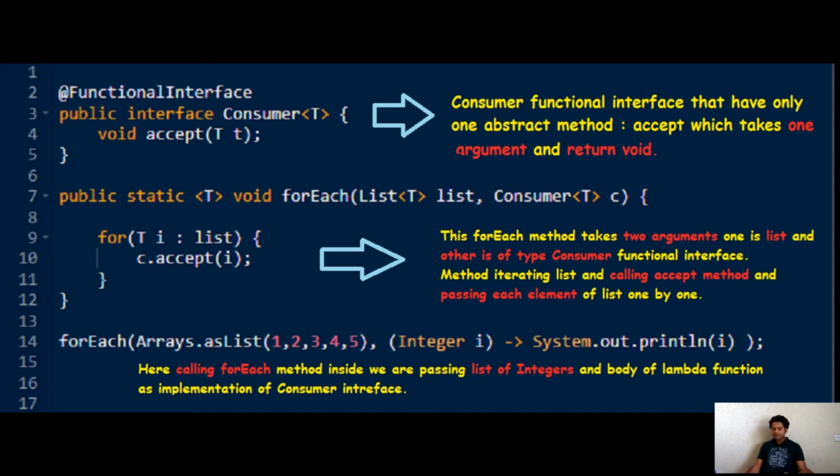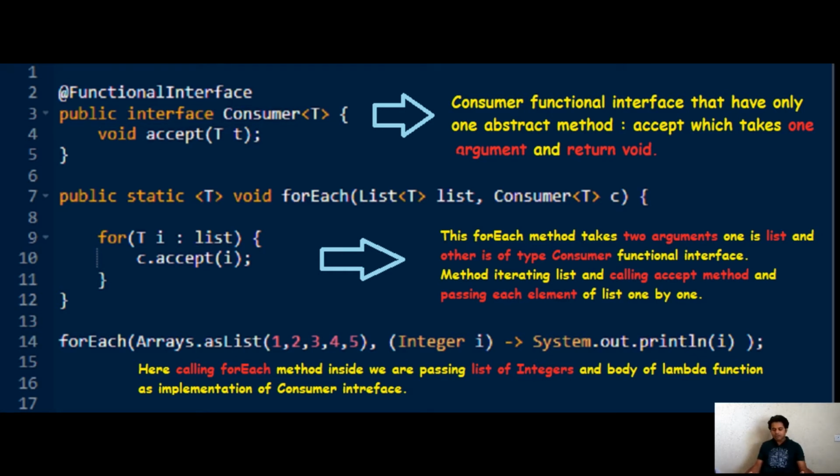The definition starts from Integer i, arrow sign, then we are printing this i variable. This is a lambda expression. It says we are taking one argument of type Integer and printing this element. We are not returning anything from this expression.